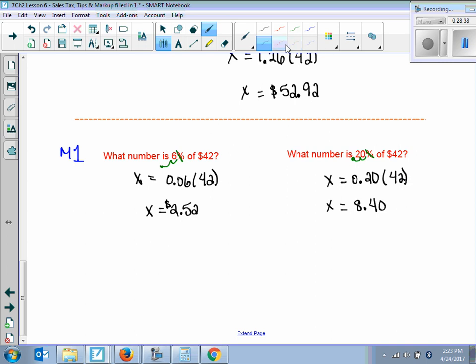Now, these are the amounts. This is the tax, and this is the tip.